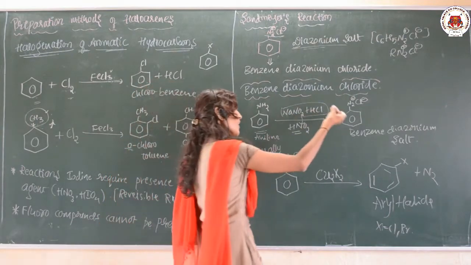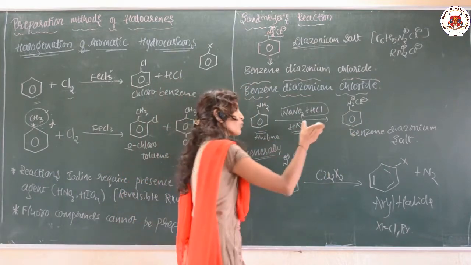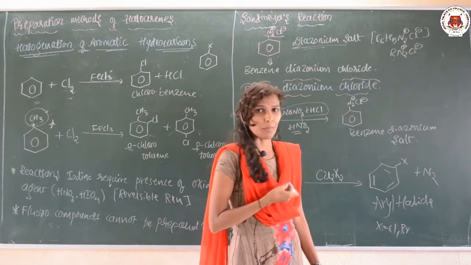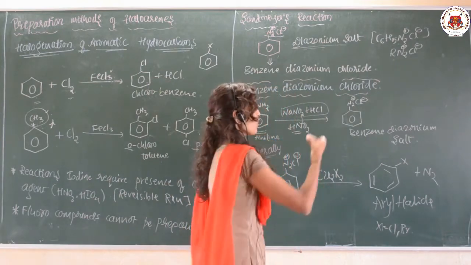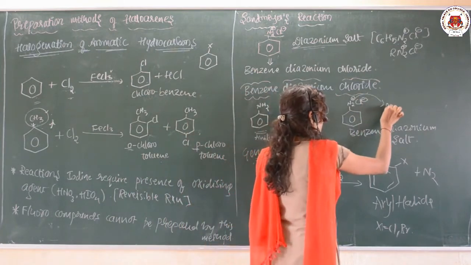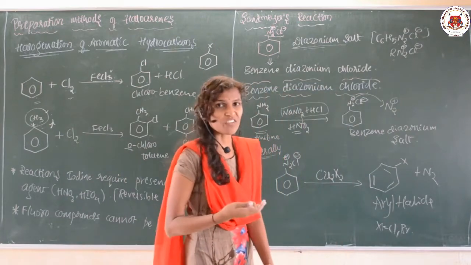Now from this reactant, I want to prepare the haloarene. By using this benzene diazonium chloride, I am going to prepare haloarene. Keep in mind that N2 plus is the best leaving group.